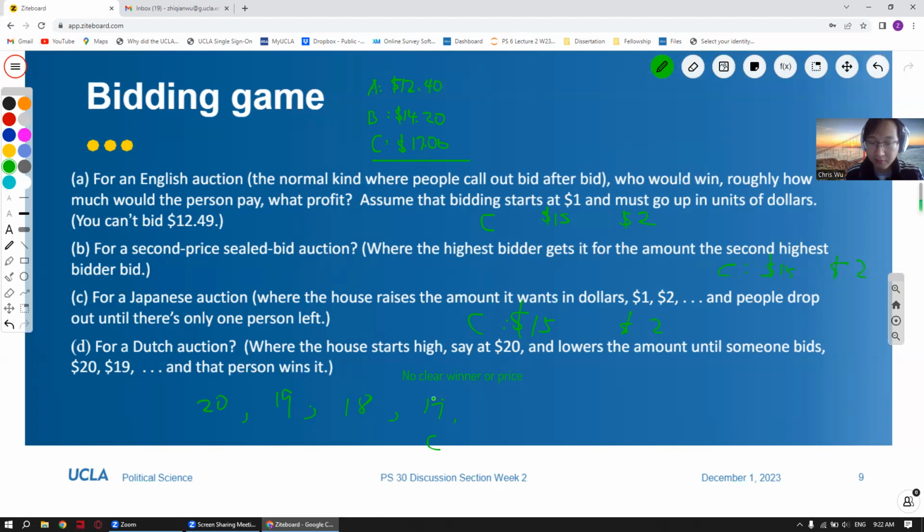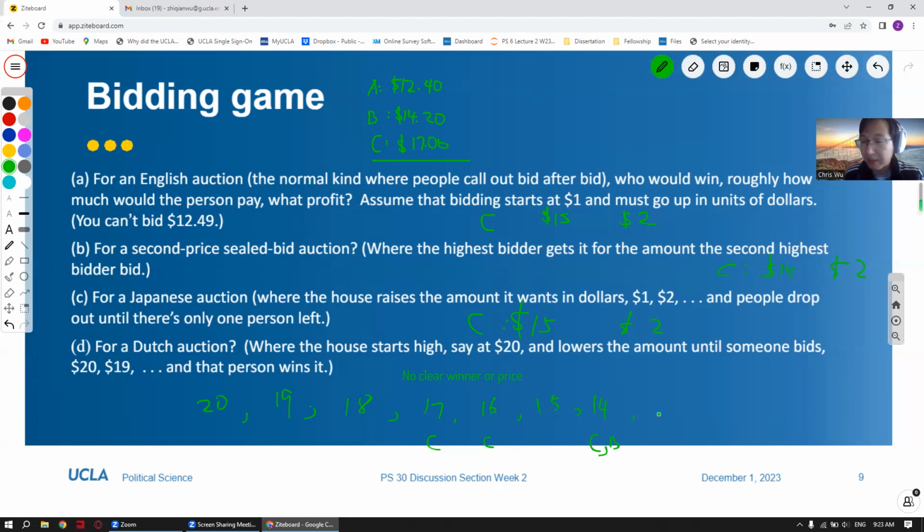And if she gets it at $17, she gets the item, but she doesn't quite make a profit. So maybe she wants to wait. Let's say at $16, C goes, okay, I'm making a profit now, but maybe I'll wait a little bit longer, since I do not know how much this is worth to the other people. $15, same thing. $14 now, both C and B will start considering to bid.